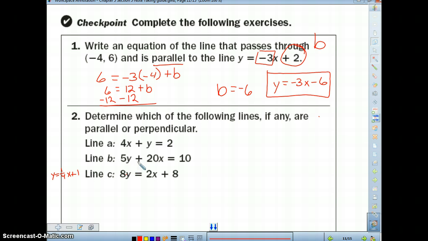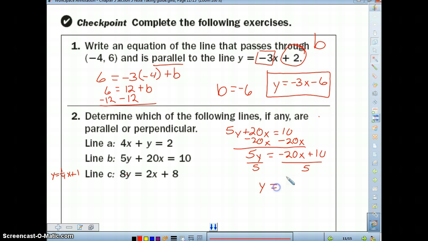All right, so let's do this: 5y plus 20x equals 10. Well, I'm going to subtract 20x. And again, all I'm doing right here is trying to get it into y equals mx plus b, which is the easiest way to look at these linear functions and decide if they are going to work or not.